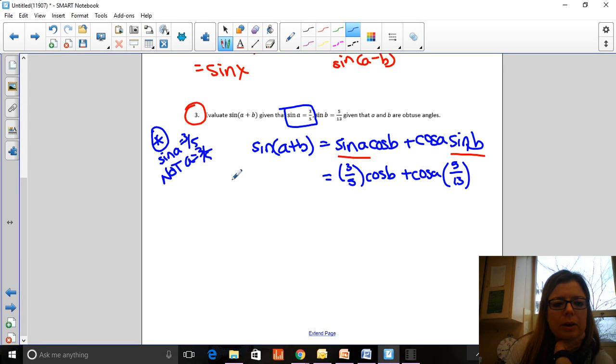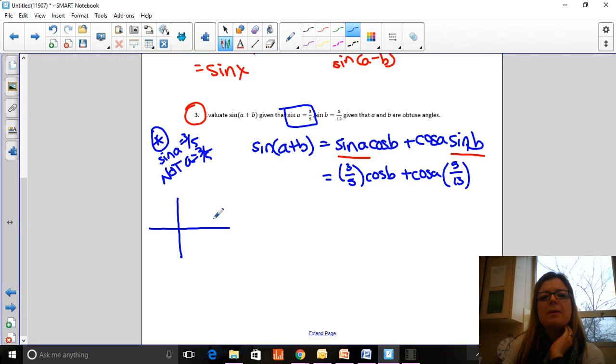Well, let's recall what it means to be 3 over 5. So if sine A is 3 over 5, that means that it terminates in quadrant 1 or quadrant 2 to have a positive sine value. However, we know that A is an obtuse angle, so that means it has to terminate in quadrant 2, not quadrant 1.